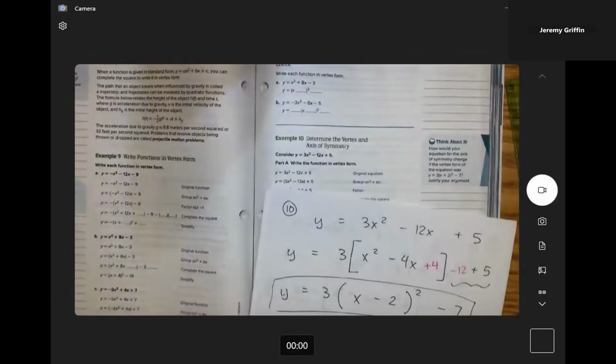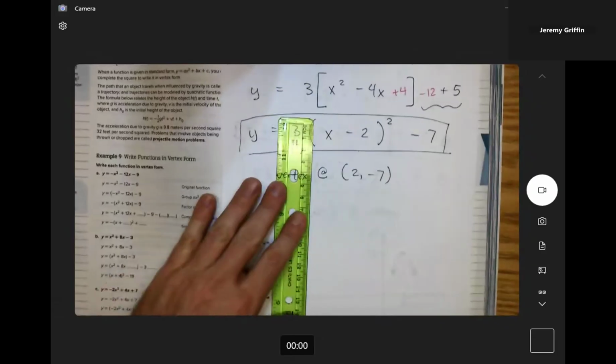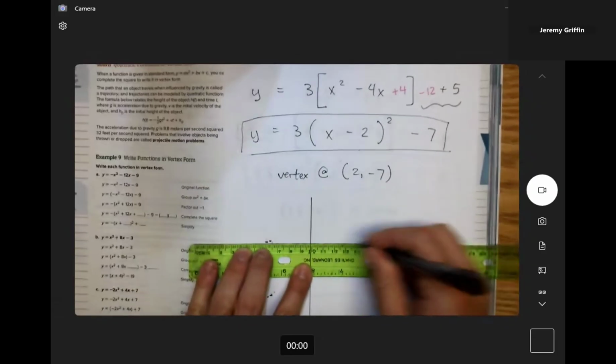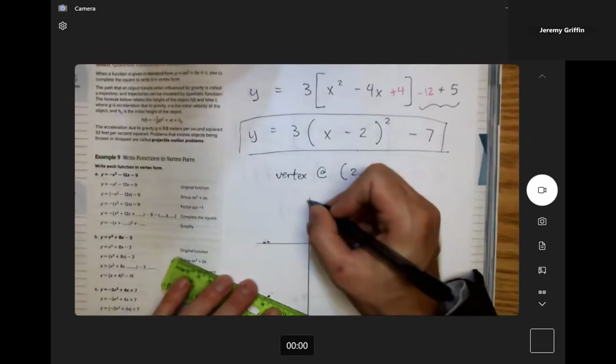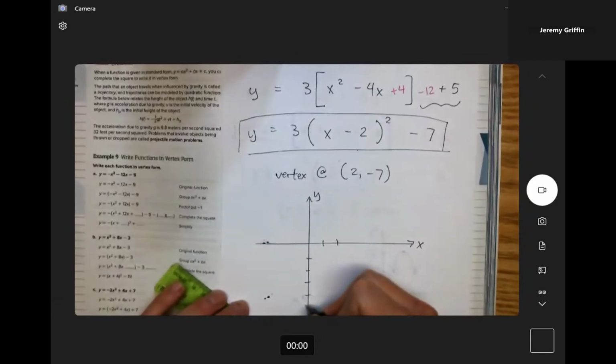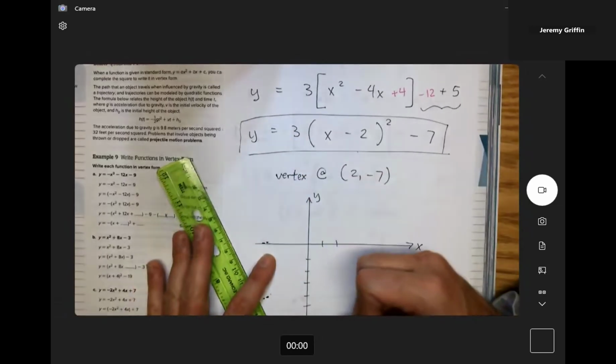So then say find the vertex and axis of symmetry. Here, once I draw this out, it will be really clear what the axis of symmetry is. So I got x-axis, y-axis, 1, 2, 1, 2, 3, 4, 5, 6, 7. There's 2 comma -7. And it is a tall skinny parabola, like stretched by a factor of 3.